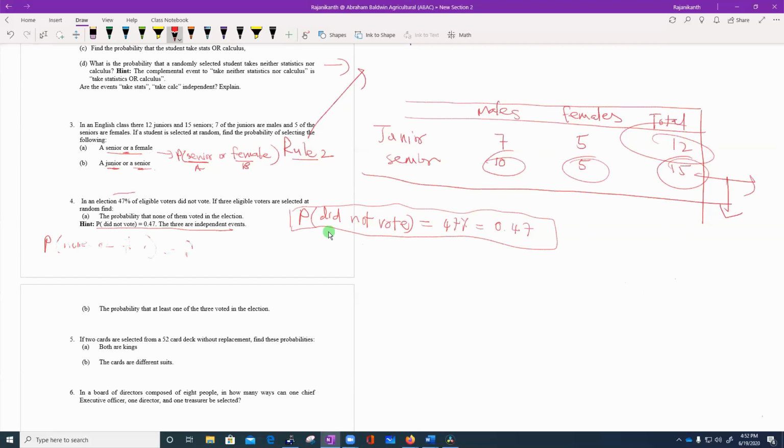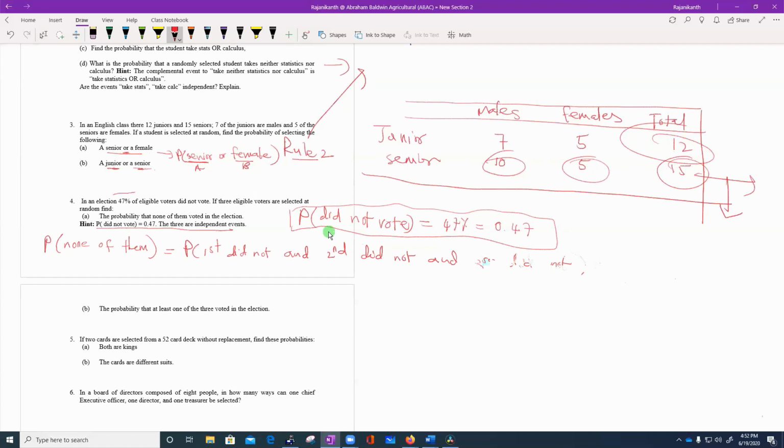That's the meaning, right? That means the first person did not vote, and the second person did not vote, and the third one also did not vote. Am I right? Is this the one where for 3 people you'll cube it? Exactly.